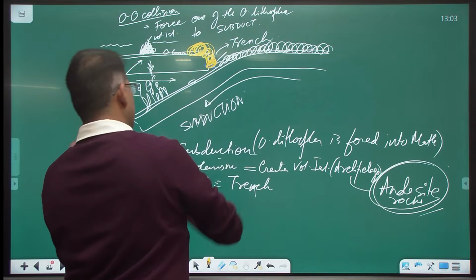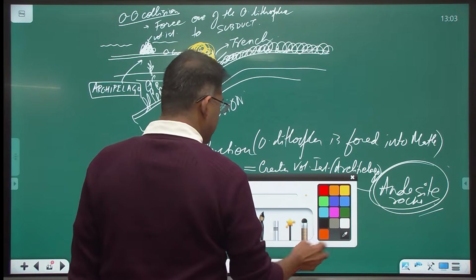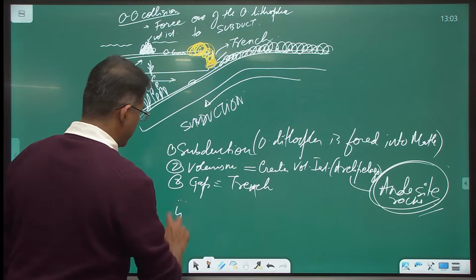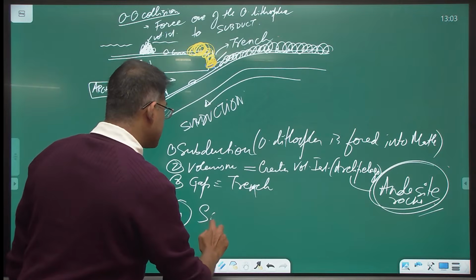These sediments are called the accretionary prism.